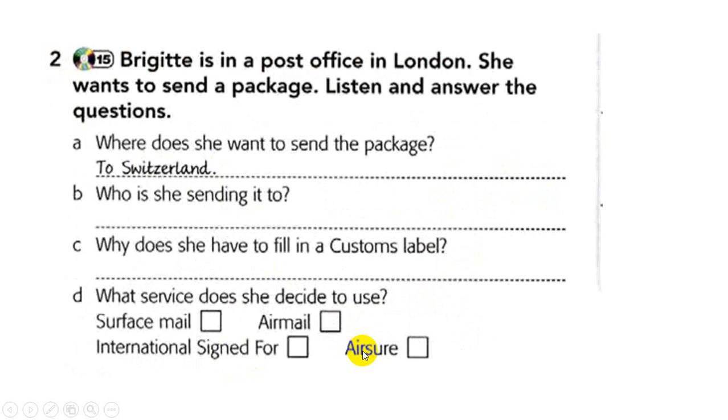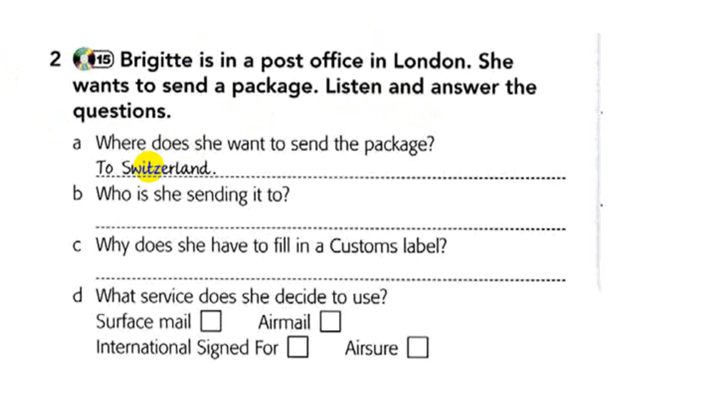Let's move to listening 15, which is Brigitte. Her name, I think, is Brigitte, and she is in a post office in London. She wants to send a package. Listen and answer the questions. So we have 4 questions, and we will try to answer these questions while listening to the conversation. I'm going to read the questions for you.